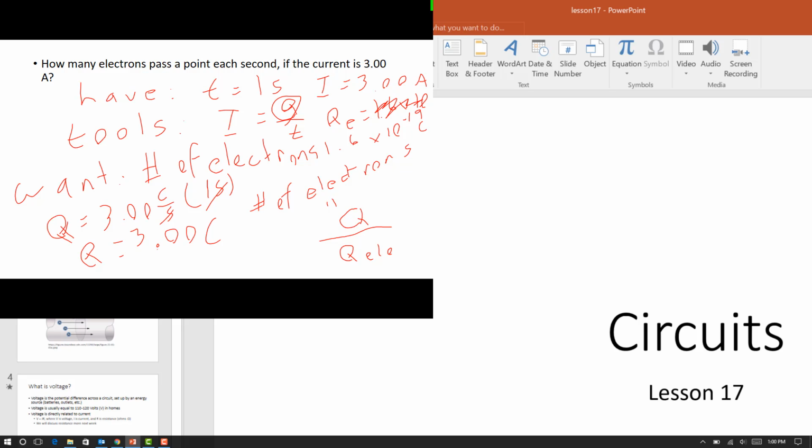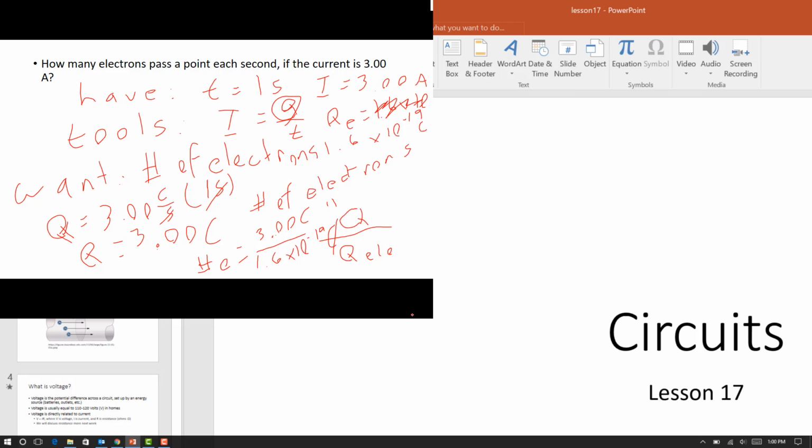So if we want number of electrons, which is actually what we want, it's 3 divided by 1.6 times 10 to the minus 19, where 3.00 is exactly coulombs, or if you limited it here to 3, then it would just be 3 coulombs divided by 1.6 times 10 to the minus 19 coulombs.